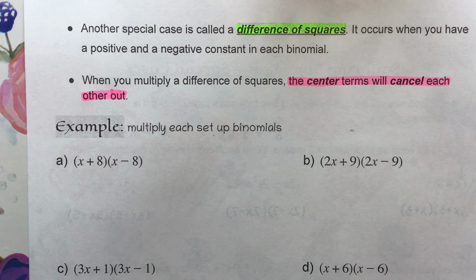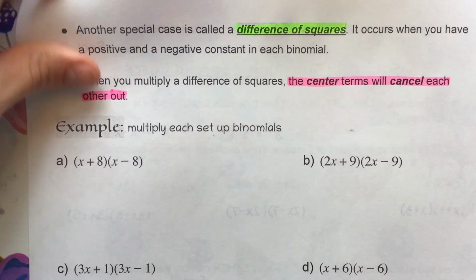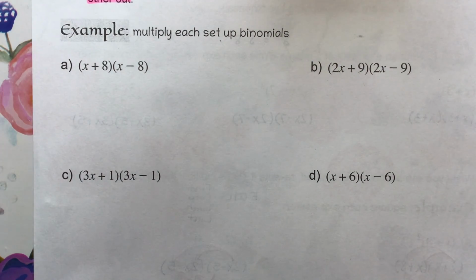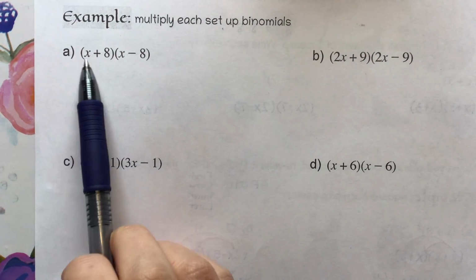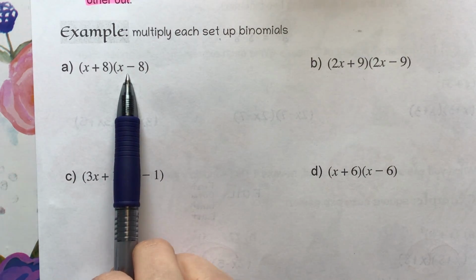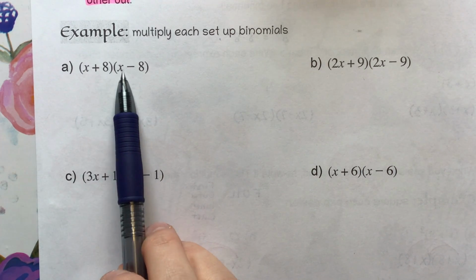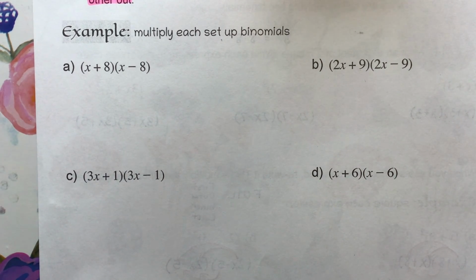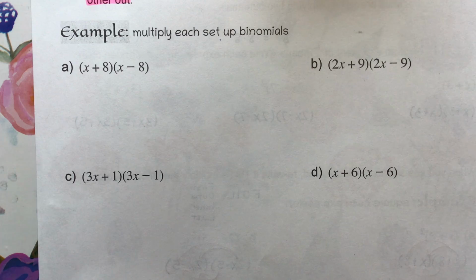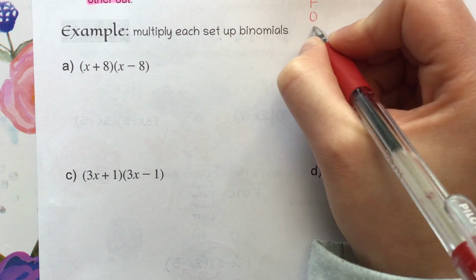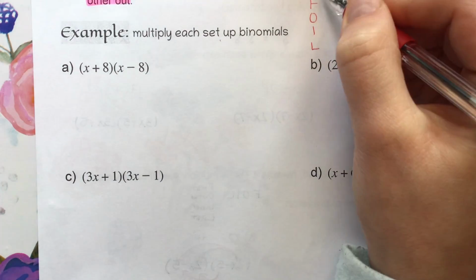We're still going to follow the same strategy as before. So we're still foiling, but something unique is going to happen with these. So let's multiply x plus 8 times x minus 8. Notice how these parentheses look really similar, but one has a plus and one has a minus. That's what makes these different. So I'm going to do first, outer, inner, last again. So I'll write FOIL up here again.